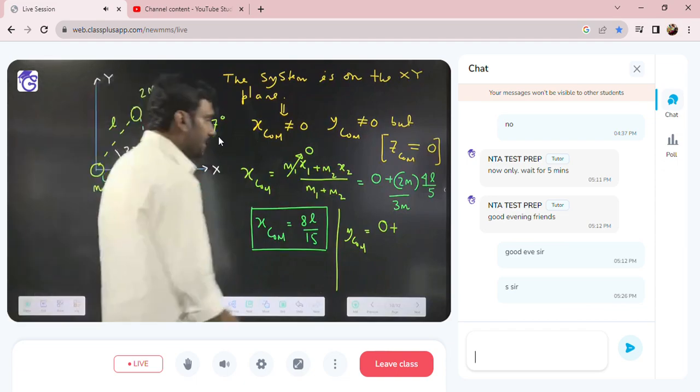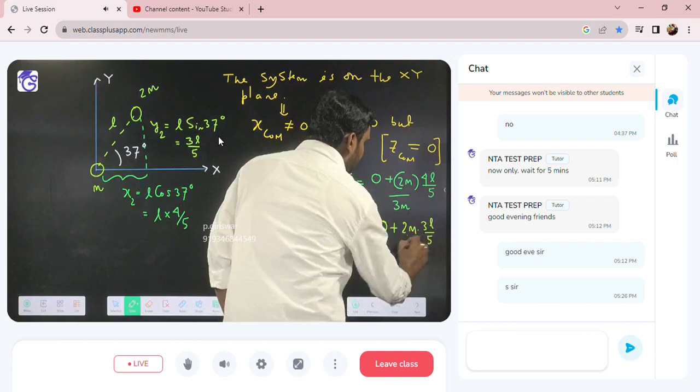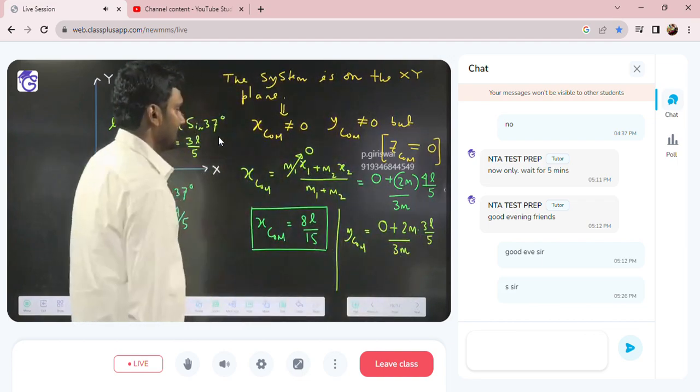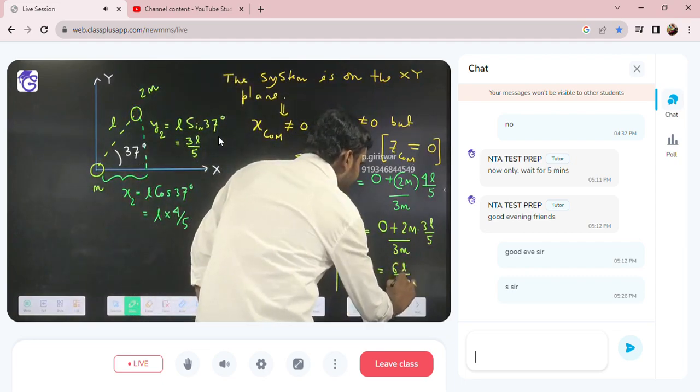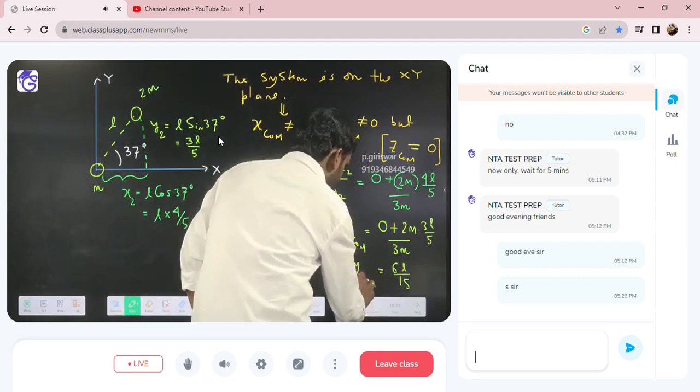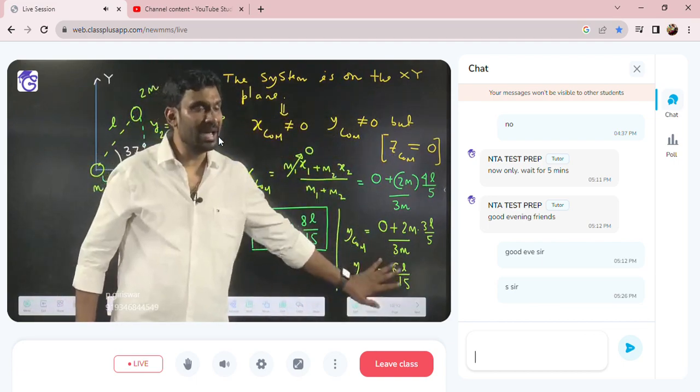So then I will write 2m into 3L by 5 divided by 3m. So I'm taking this as 6L by 15. Boys and girls, I could have written 2L by 5 also, but I am keeping this for a reason.